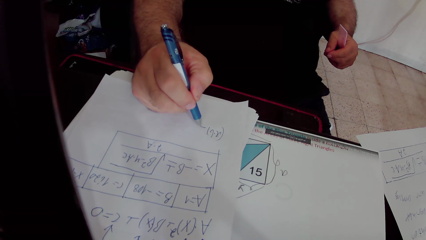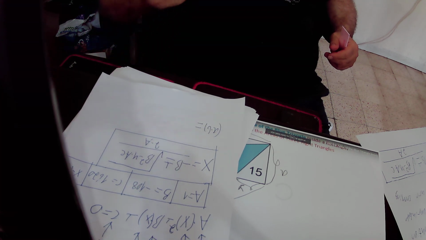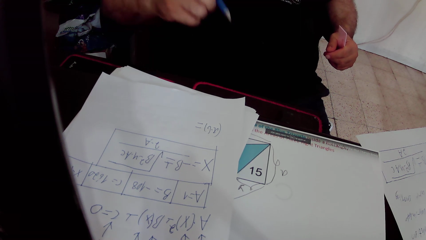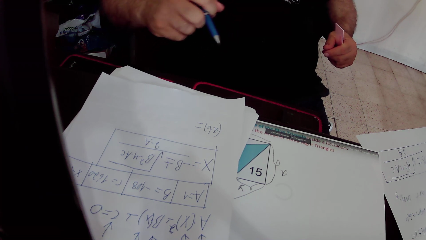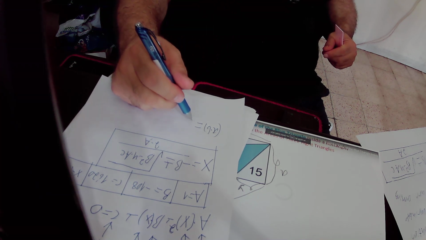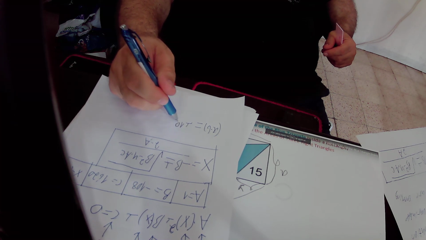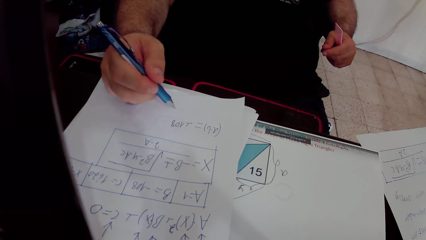So a times b equals minus b, and minus b is minus 108, that is plus 108, because minus times minus equals plus.